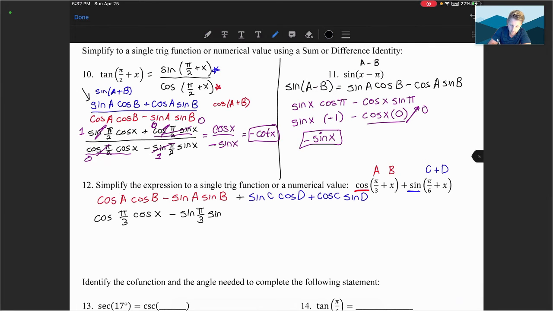Sine of B is sine of x, plus the C angle is pi over 6, so we're going to do sine of pi over 6, cosine of the D angle, which is still x, plus cosine of the C angle, pi over 6, and then sine of D, or sine of x, which is that last angle.